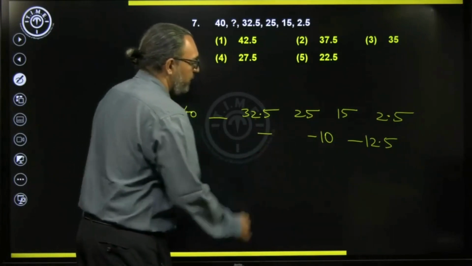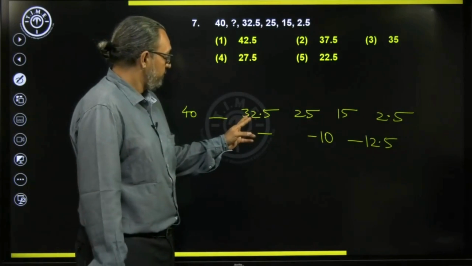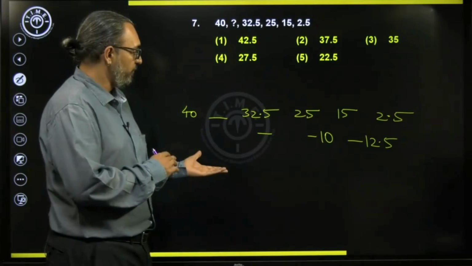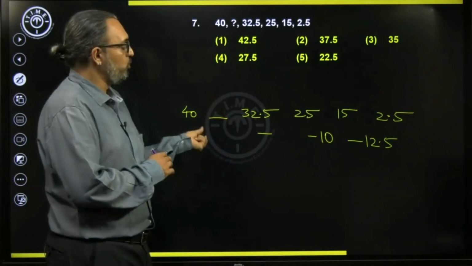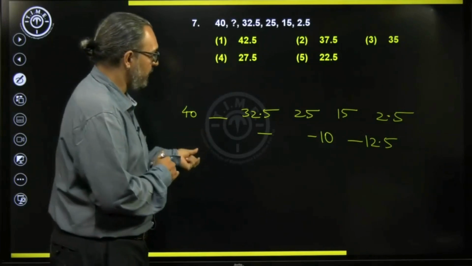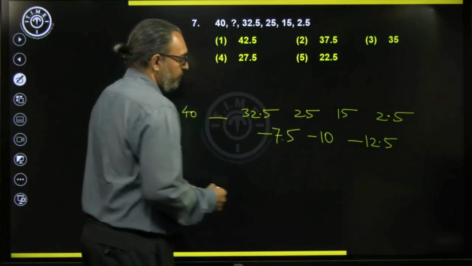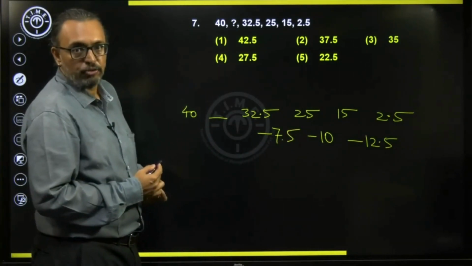And here how much am I getting? If it was, let's say, so from 25 you add 5 more, okay, so you will get 30 and another 2.5 more. So basically it is 7.5. Correct? 7.5 you are getting.